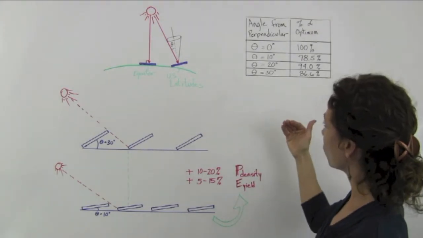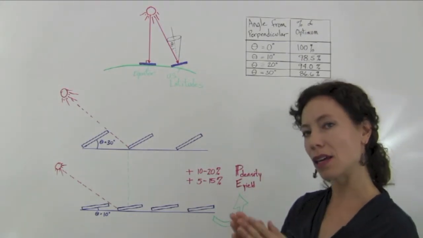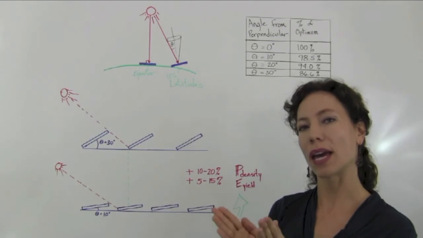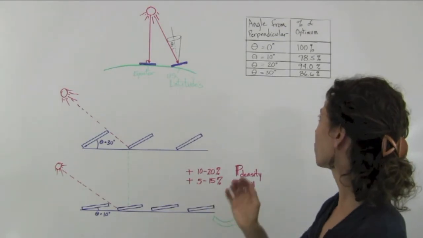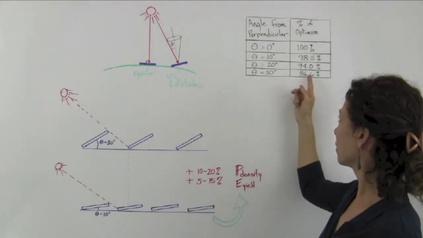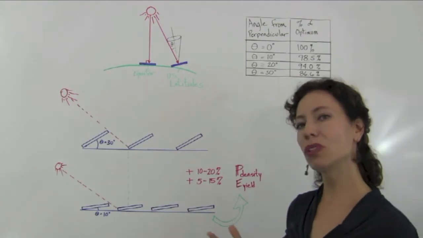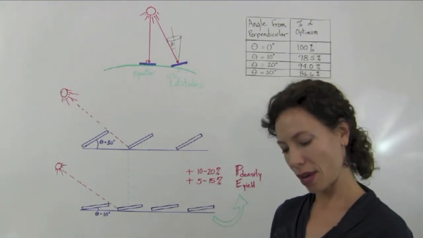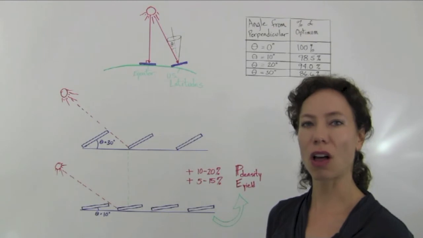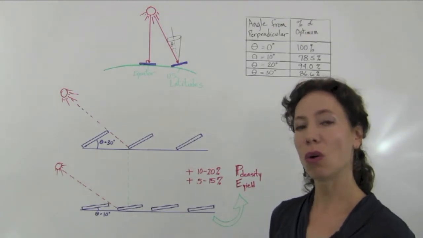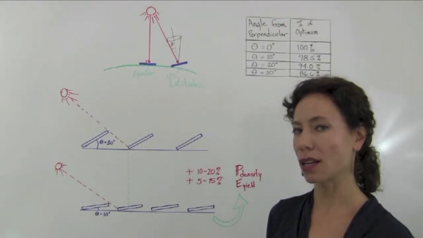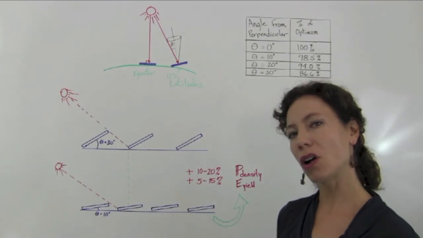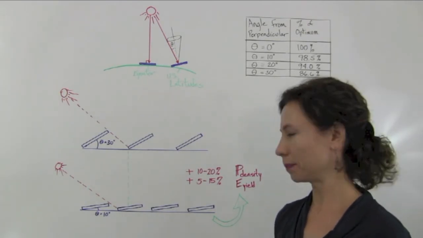If you continue to drop or take the perpendicular away from the module, you now can continue to drop that energy, but it's really not that much. You may have some energy lost due to reflection or to internal optical losses in the module, but overall it brings advantage to do that.